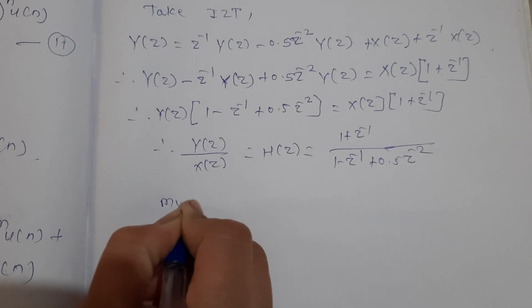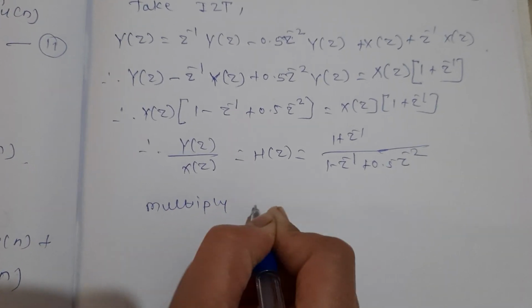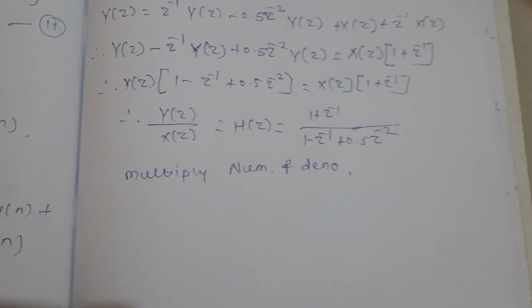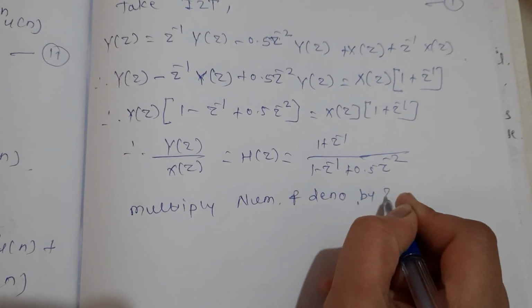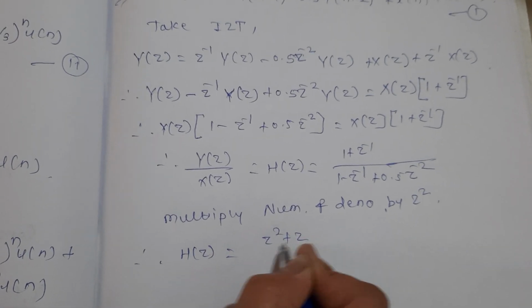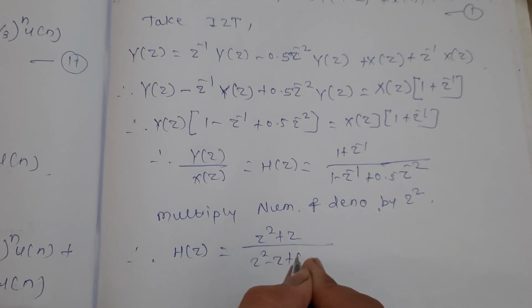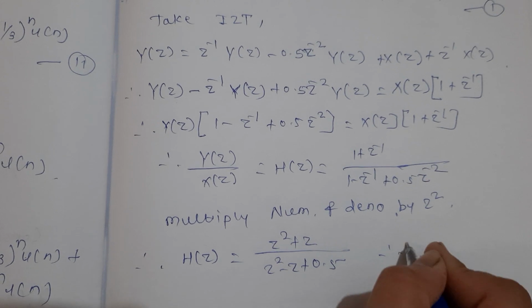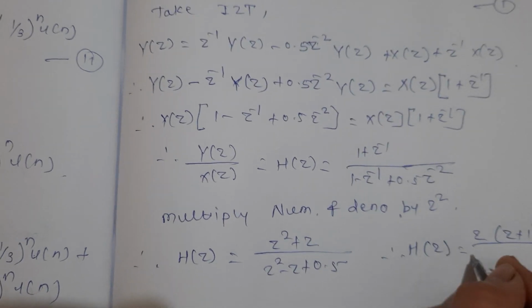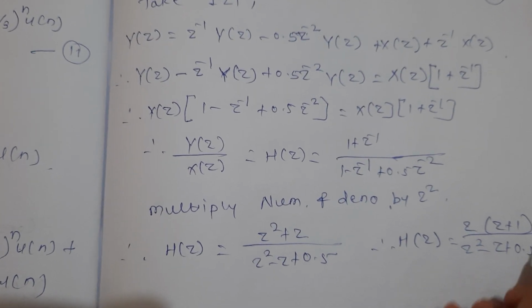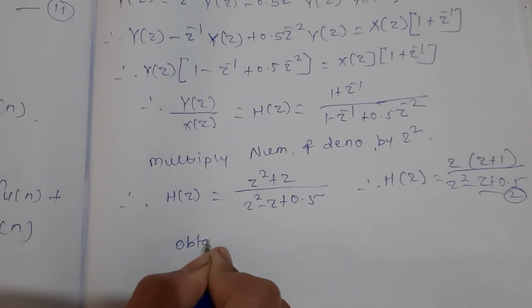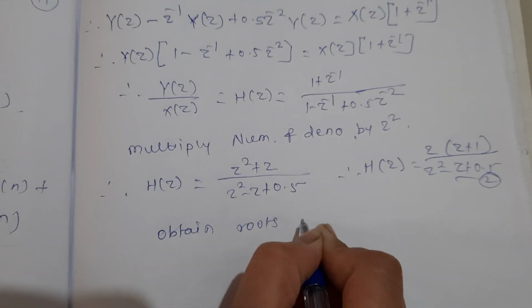Now multiply by z square. So now we obtain the roots of the denominator.